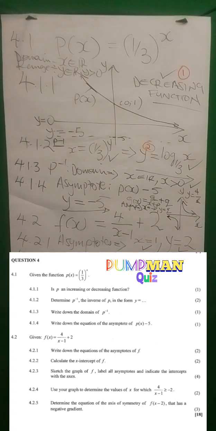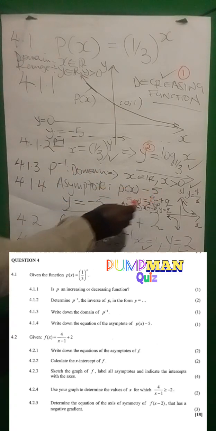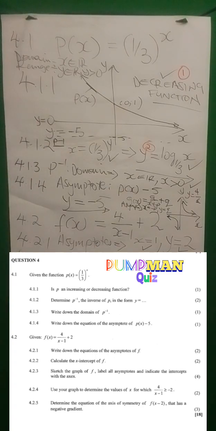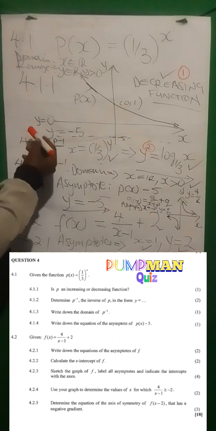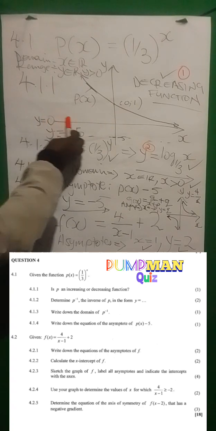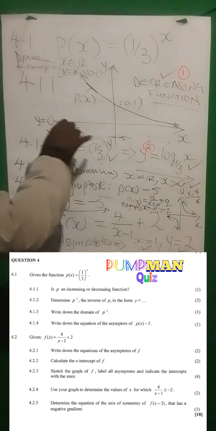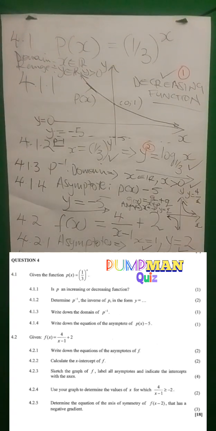Now, the line of asymptote for p of x minus 5. What is our asymptote for p of x, so that we can use transformations to answer this question? Very simple. Our p of x, the line of asymptote is the line y is equal to 0, the x-axis. It does not touch or cross the line y is equal to 0. So that is our asymptote.